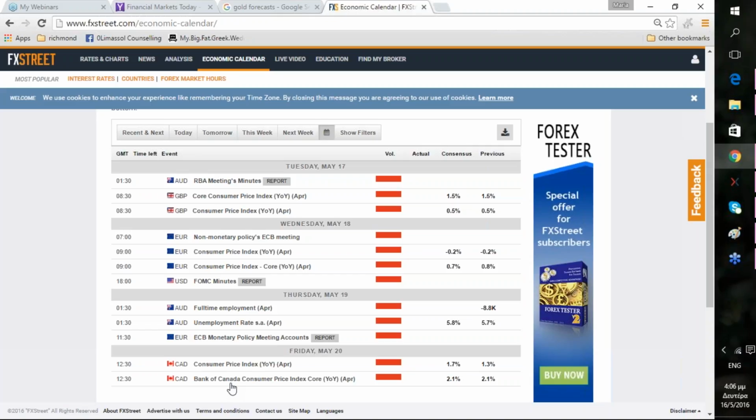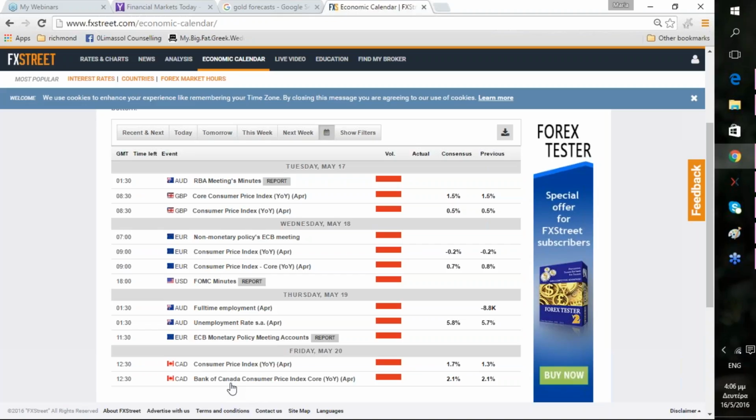Also something about the USD, but that would probably be late Tuesday to Wednesday, because the FOMC minutes would be announced on Wednesday. Meantime we've got AUD, GBP, euro, and CAD at the end of the week. You will see some movement on the CAD beginning Friday.